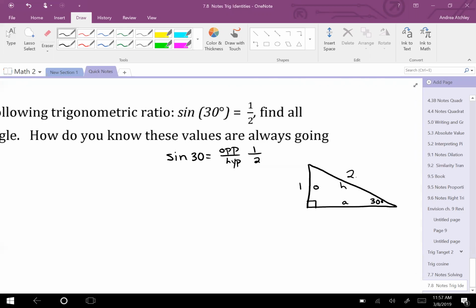Easiest way to find the missing side of a right triangle: Pythagorean theorem. Okay, when I have 2 sides and I need to find the third side, I use Pythagorean theorem. So this is going to be my x. So I have 1 squared plus, this is a leg, so it's x squared, equals the hypotenuse squared, so that's 2 squared.